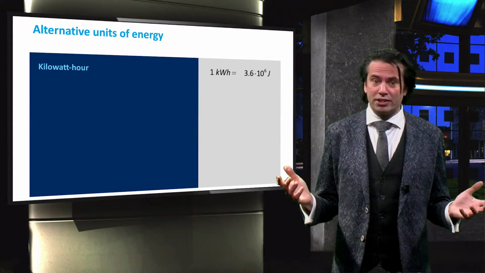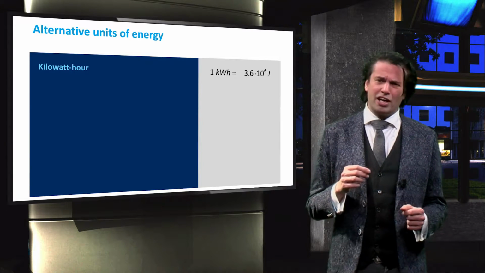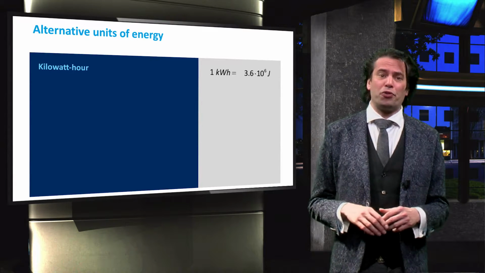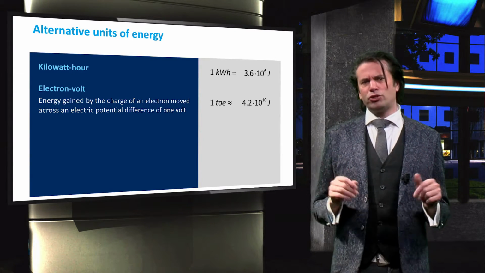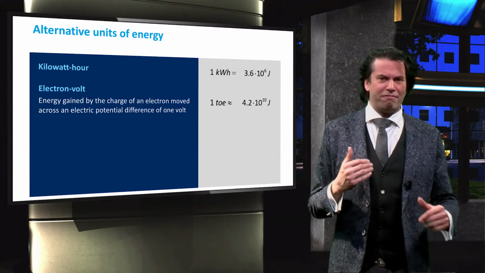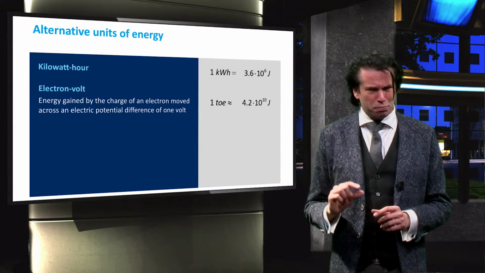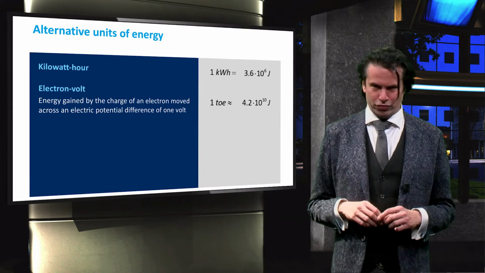Since 1 kilowatt is equal to 1000 joules per second, and there are 3600 seconds in an hour, 1 kilowatt hour is equal to 3.6 megajoules. The amounts of energy used in the atomic physics relevant for solar cells, on the other hand, are very small. We therefore use the unit electron volts.